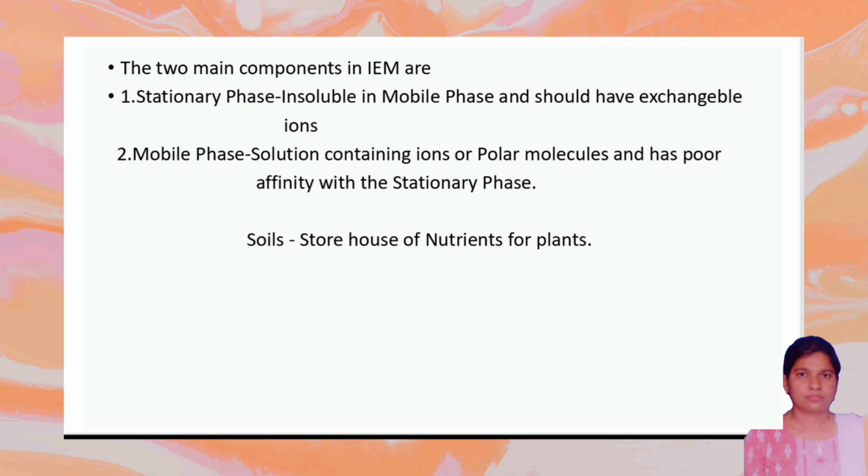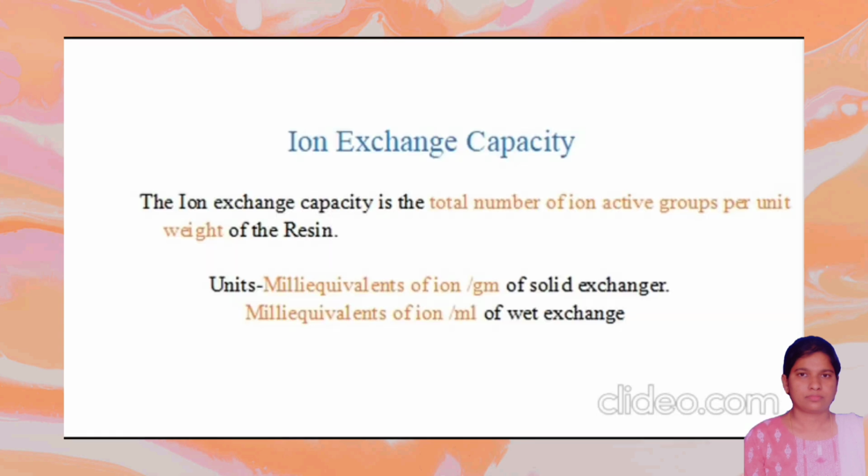The amount of ions that can be exchanged by ion exchanger depends on the number of exchangeable functional groups on the ion exchanger. The total number of ion active groups per unit weight of ion exchanger is called ion exchange capacity. Various soils have different ion exchange capacities with respect to a particular ion.